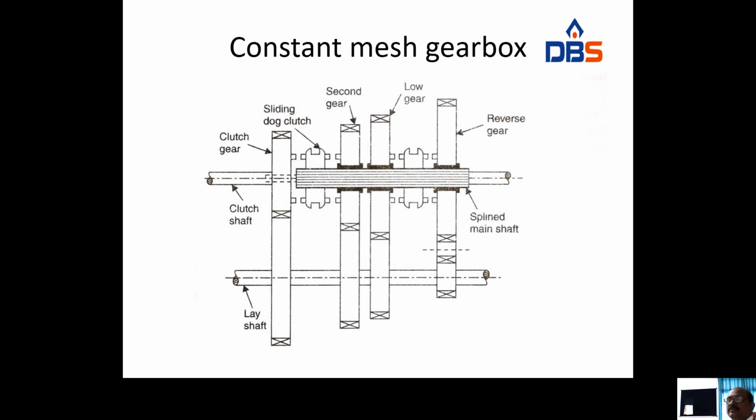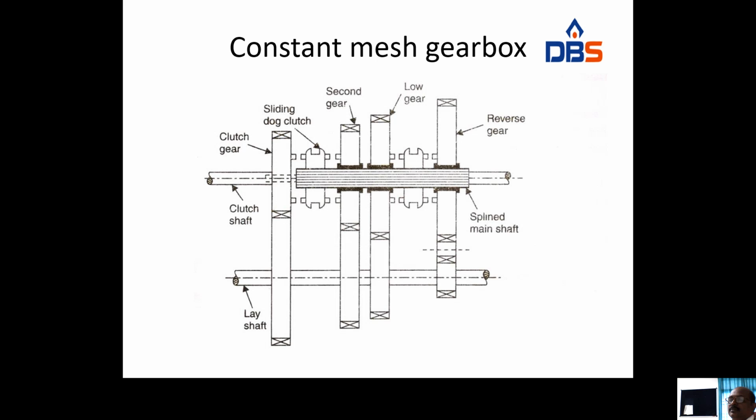There will be a driving shaft, that is called the lay shaft, and the main shaft. In the lay shaft there will be some gears, 3 gears or 4 gears. These 4 gears are constantly meshed with some gears on the output shaft.